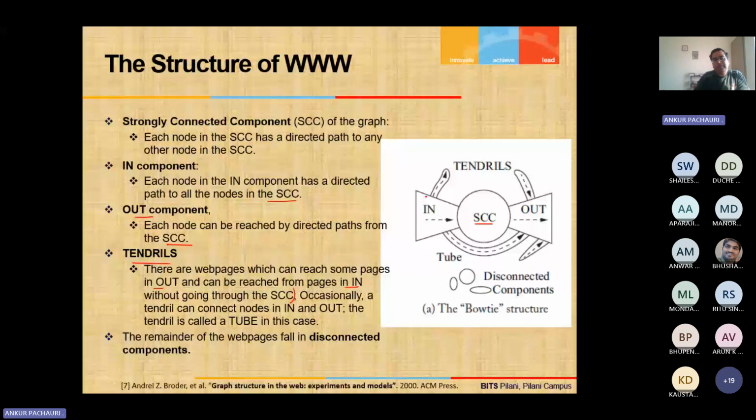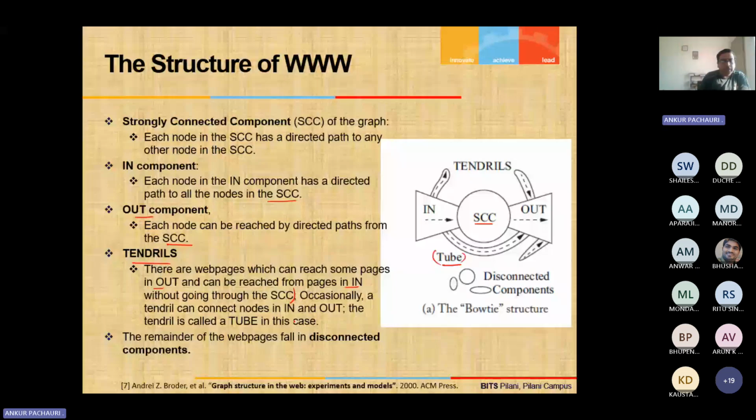Sometimes there was a connection from in to out. Those were called tubes. There were a few web pages directing from the in component to the out component. So they were all put into a different category of connectivity, and he called it tubes.